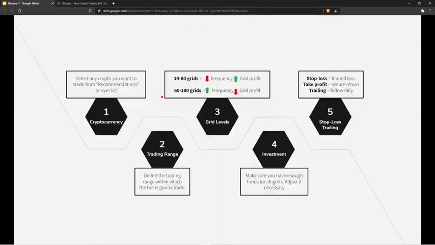I will show you exactly what key steps you have to take when it comes to the bot's configuration. We will go through how to select the crypto to trade, how to define the trading range, and what the difference is between the grid levels from 10 to 60 and from 60 to 180.